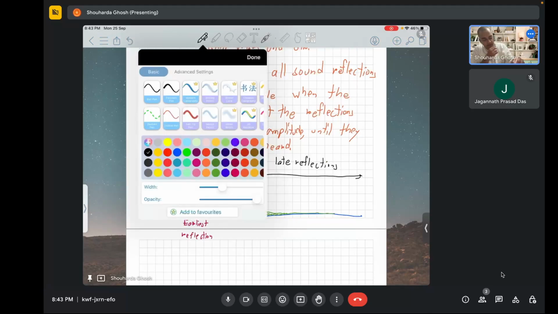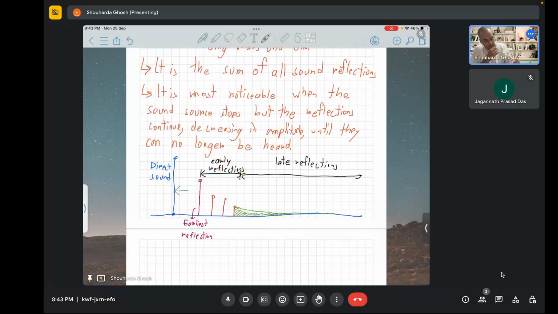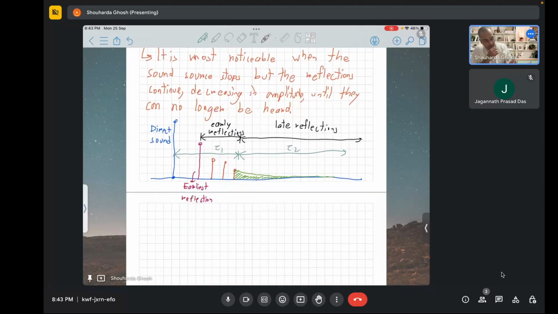Let me designate two timelines, tau 1 and tau 2. I call tau 1 the pre-delay, and I call tau 2 the reverberation time.